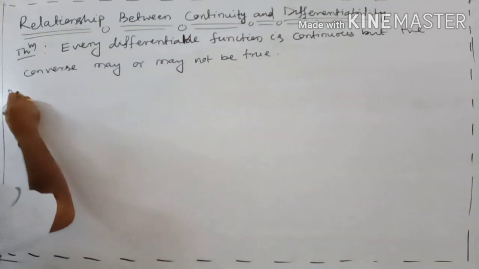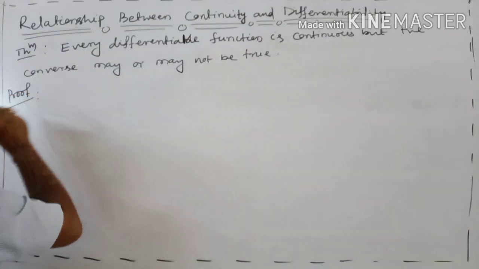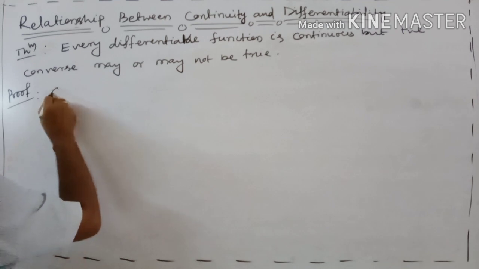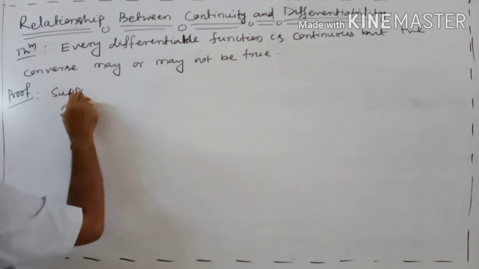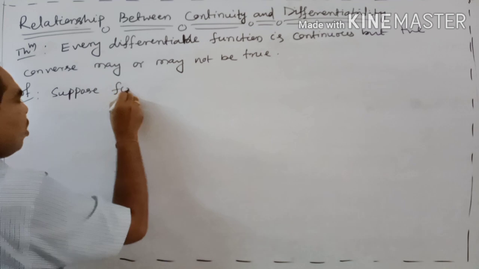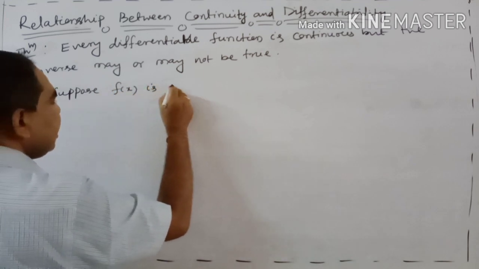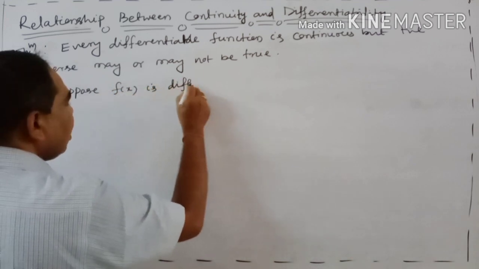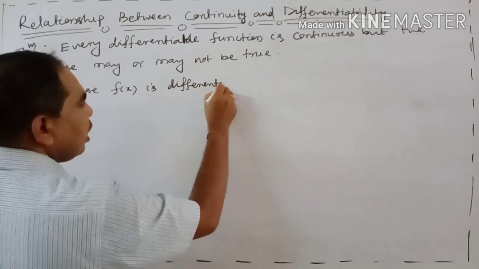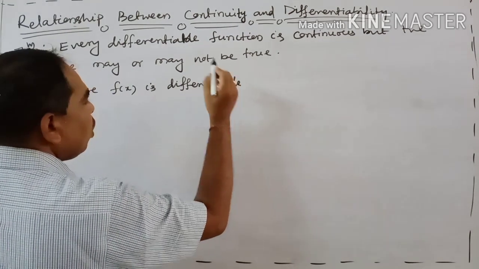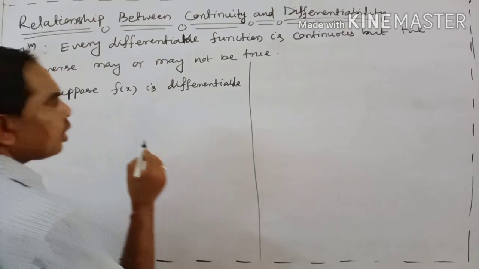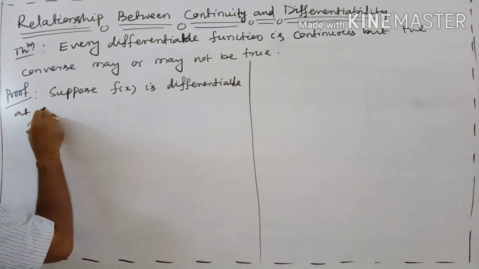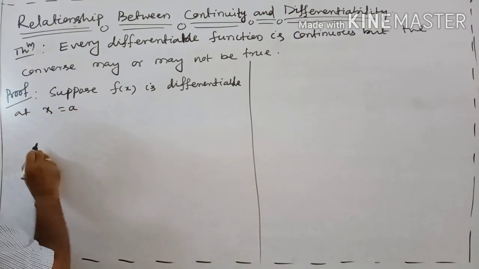Proof. Suppose f of x is differentiable at x is equal to a.